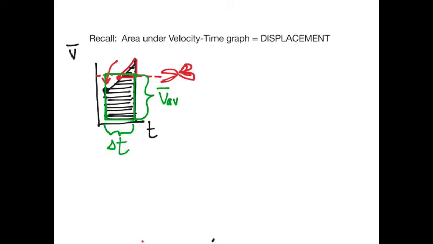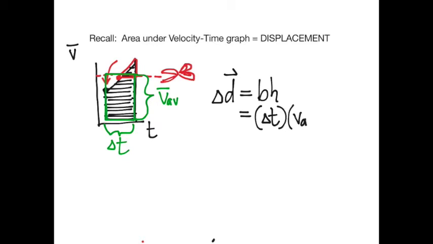So we could come up with an equation for the displacement, and the equation would look like this. Delta d is equal to base times height. In this case, delta d is equal to delta t times average velocity. Now in the previous slide, we came up with an equation for average velocity.